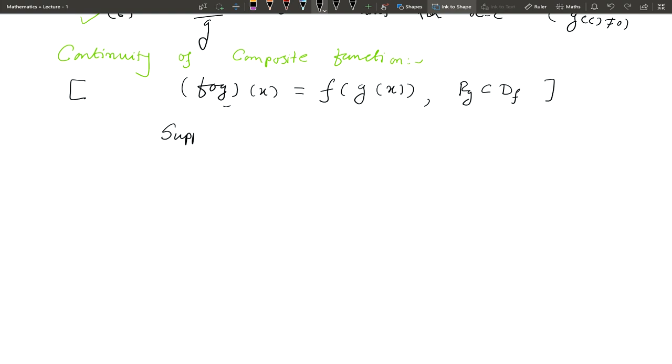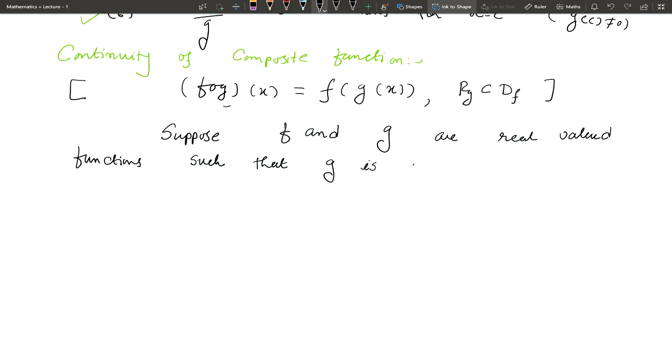Suppose f and g are real valued functions such that g is continuous at c and f is continuous at g of c.